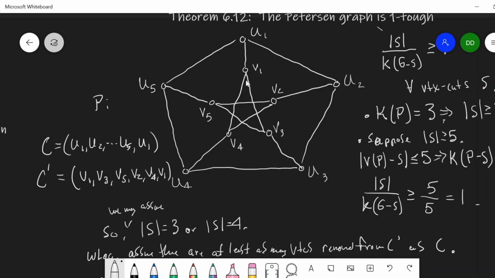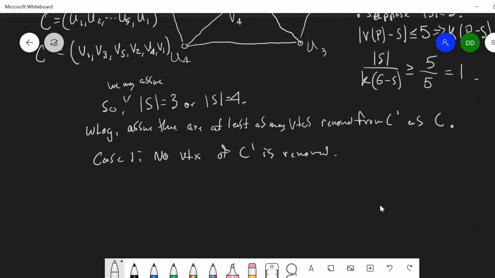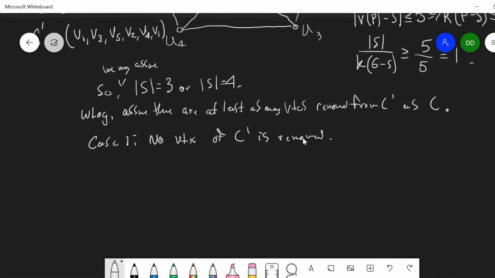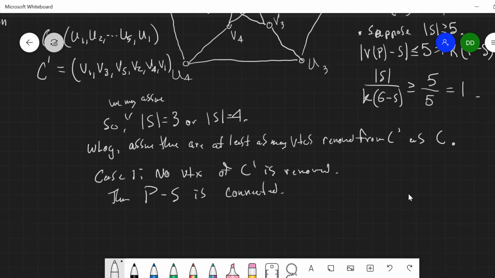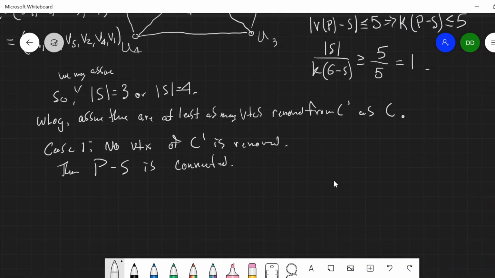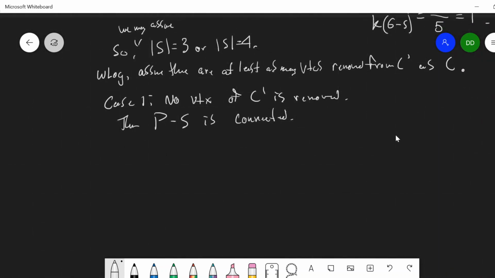If I don't remove anything there, I still have the 5 cycle, and then together with the spokes, I'll still have just 1 component. That is, no vertex of C prime is removed means that P minus S is connected. And so we don't have to consider that case, right? The number of components would be 1. And so this ratio would be either 3 or 4 in that case, which is certainly at least 1.